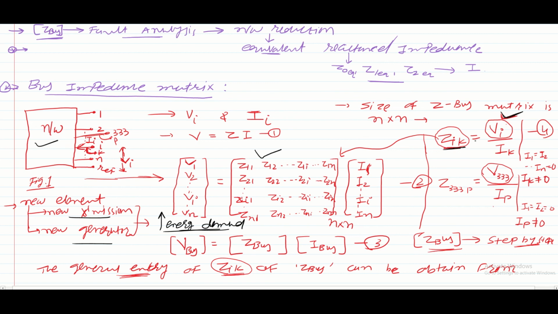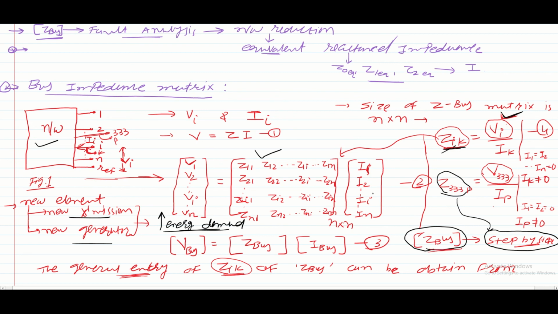And it is not easy to calculate the voltage at each bus, because for every bus the voltage value is different. So every time the voltage value keeps on changing, and according to that we need to calculate the new entry of our element. Because of this reason, we will use the step-by-step method for formulation or updating of our Z-bus matrix.